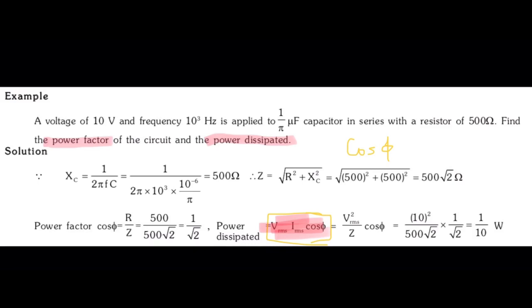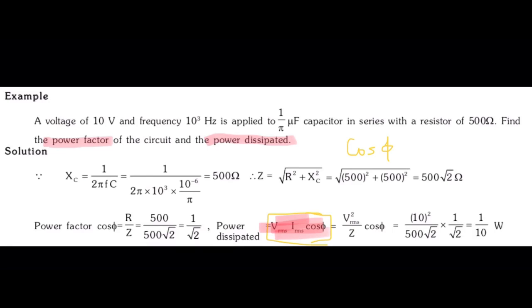But then there is a question: why can't we sell a Lay's packet without the nitrogen gas? You know the reason. The same way, we cannot send power from one point to another without reactive power. So reactive power is required.